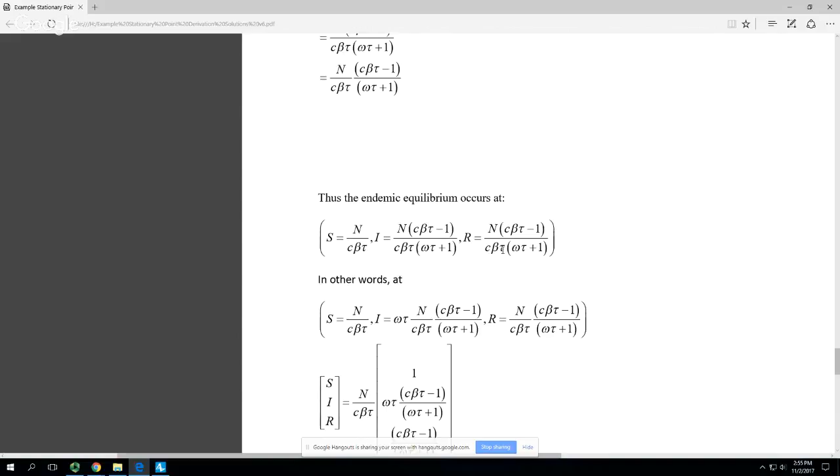Similarly, C times beta times tau. What are the units of that? I'll give you a hint. C is 1 over time. Beta, what are its units? It's dimensionless. It's the fraction of times we get infected. It's like number of coin flips that turn out heads. It's coin flips in numerator, coin flips in denominator. So it's unitless. It's of unit dimension.